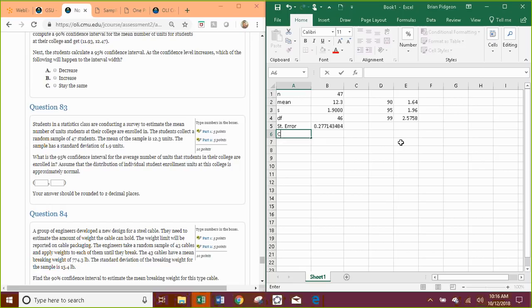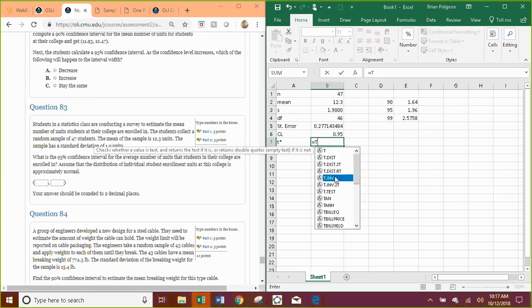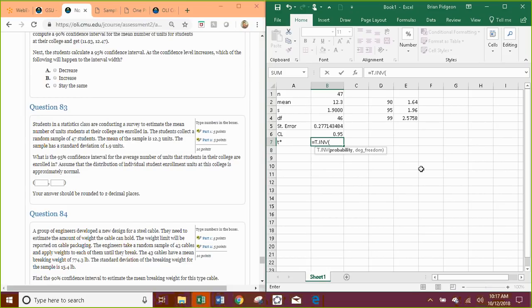We want a 95% confidence interval, so let's say the confidence level is 0.95. Then t star is t inverse of the probability 1 minus alpha over 2, alpha being 1 minus the confidence level, with degrees of freedom 46. This will allow the t value to change every time we get a new problem.